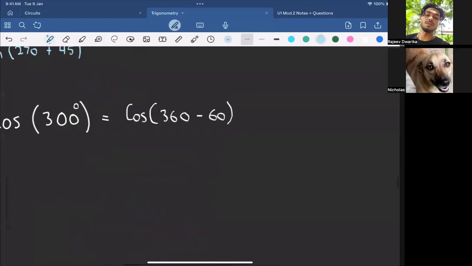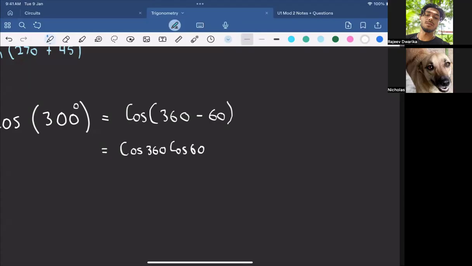Let me just do this fast. So that'll be cos A cos B minus sin A sin B. That'll be cos 360 cos 60.